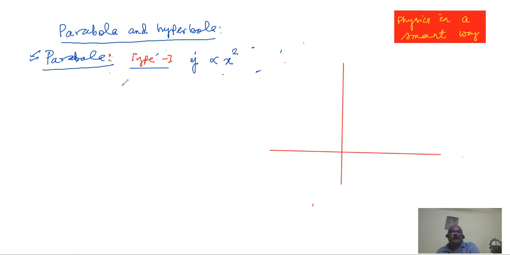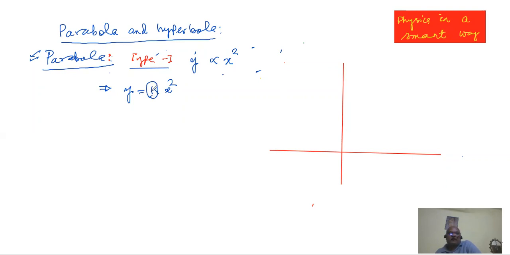If y is proportional to x square, then that implies that y can be written as a constant times x square, y = kx², where k is a constant and k can be positive and negative. Both positive k and negative k will be giving us parabolic curves or parabolas.